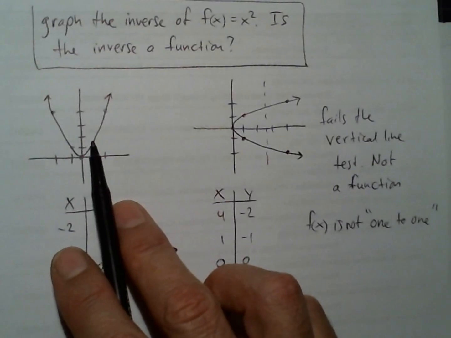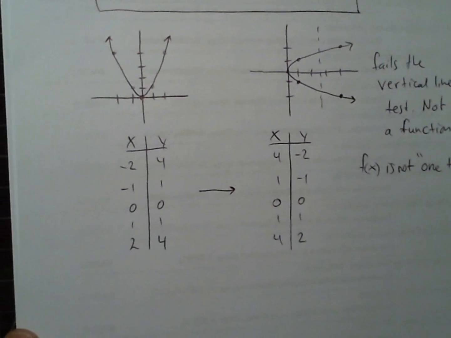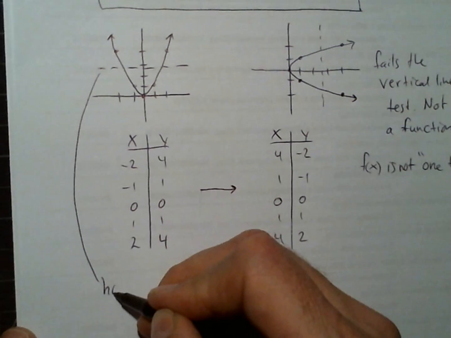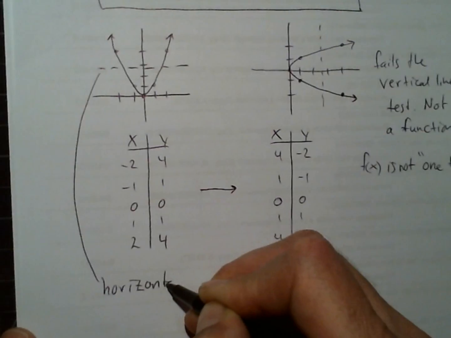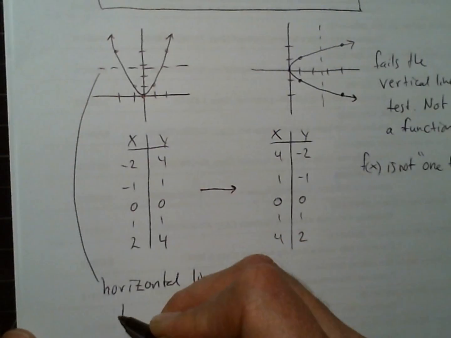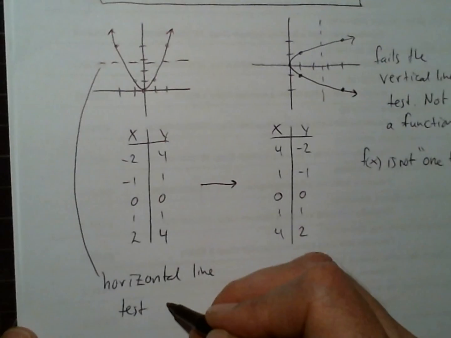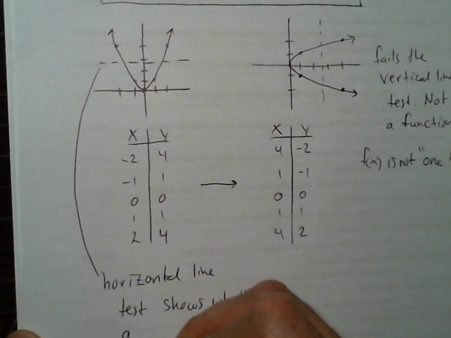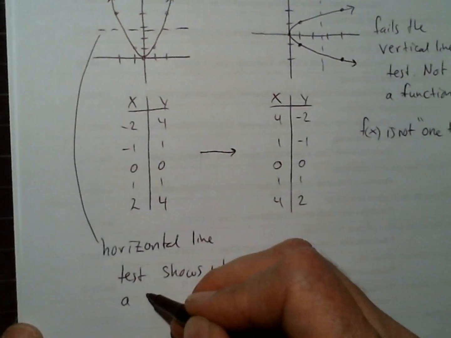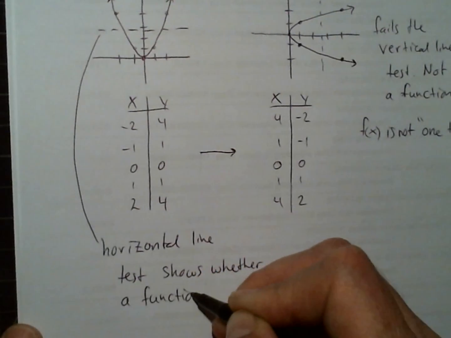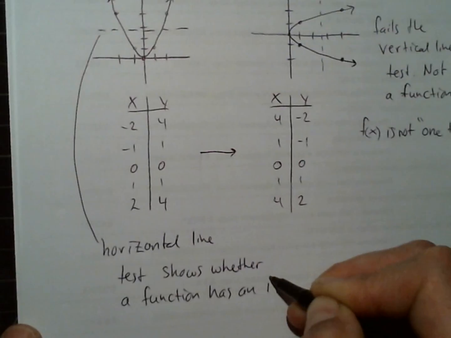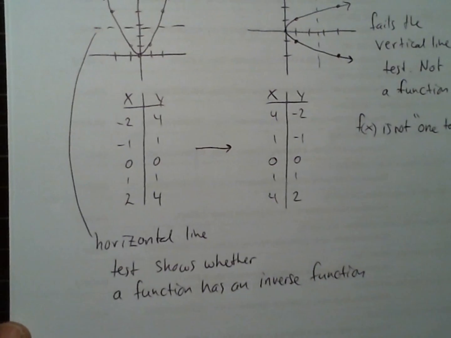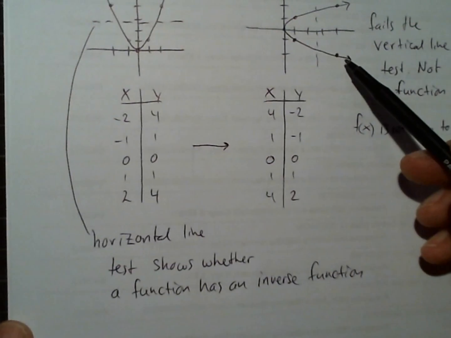So the horizontal line test is probably new to you, but we can see that. Alright, so we see that it has an inverse, but it's not a function.